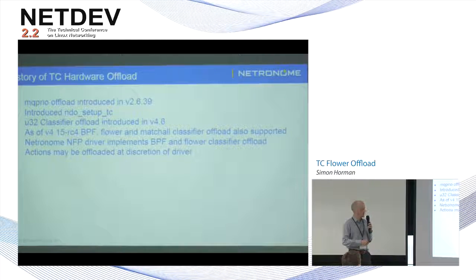The following classifiers, BPF, Flower, Matchall, all support some kind of offload, or offload is implemented for all of these in some places. And of course, MQ Prio continues to be supported. I give a particular shout out to the people I work with at Netronome, where we're supporting both the BPF and Flower classifier.